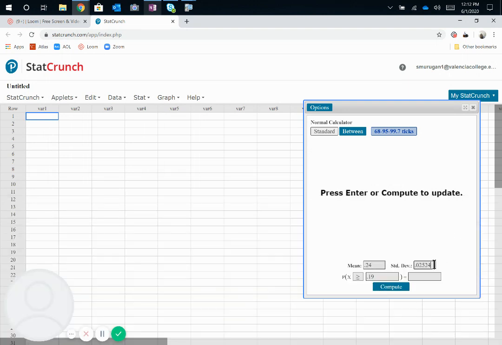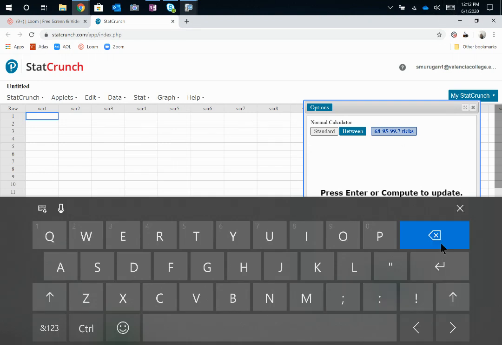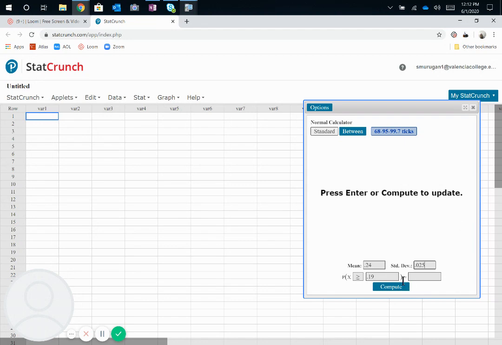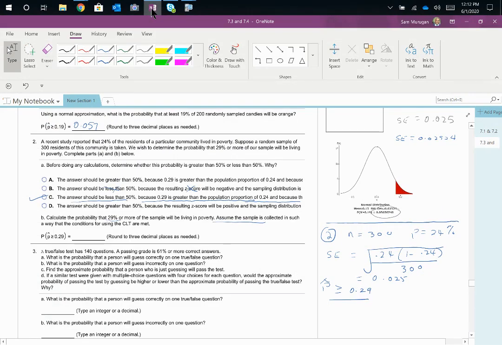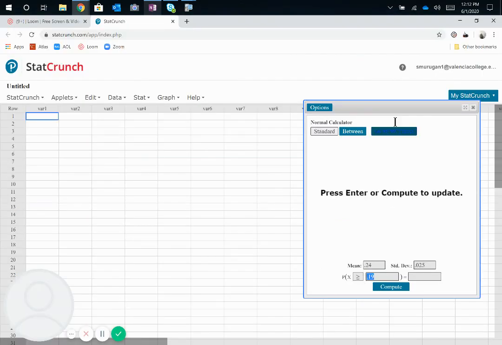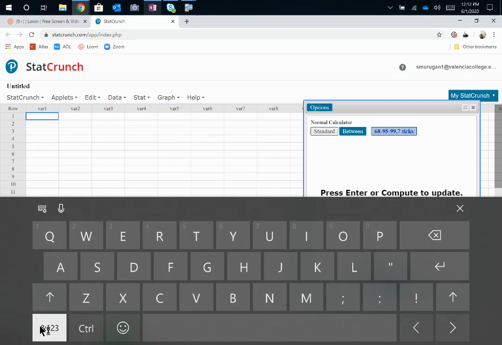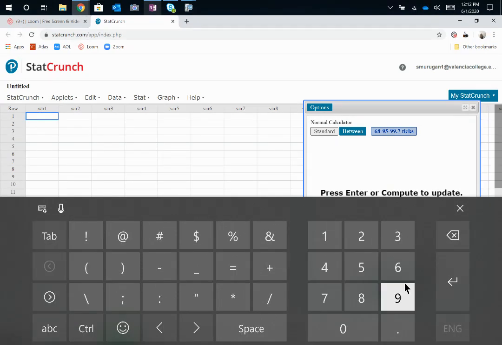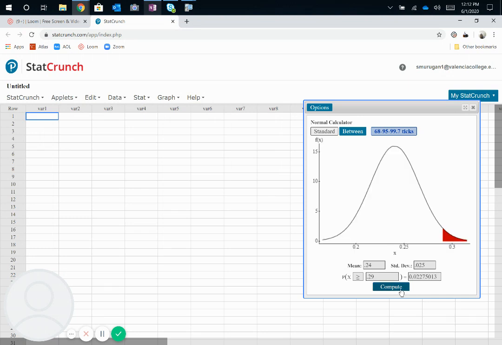My standard deviation is 0.025. And I want to get greater than 0.29. Compute. And I have 0.022.